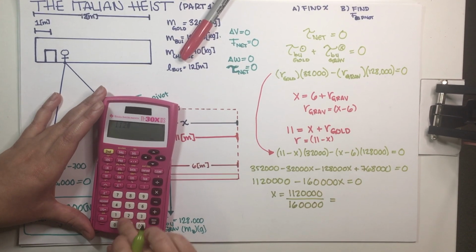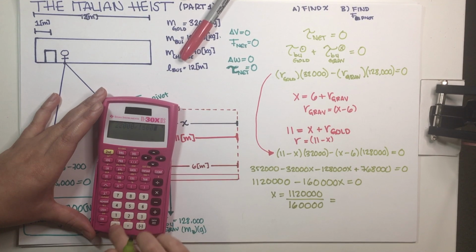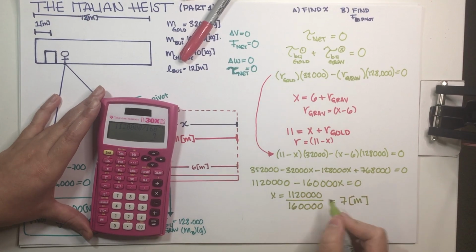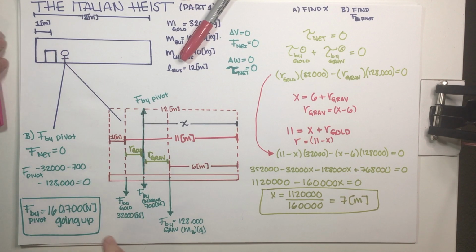So 1,120,000 divided by 160,000, and that is going to be equal to 7 meters. There we go, final answer. So that is part 2 of this problem, 7 meters.